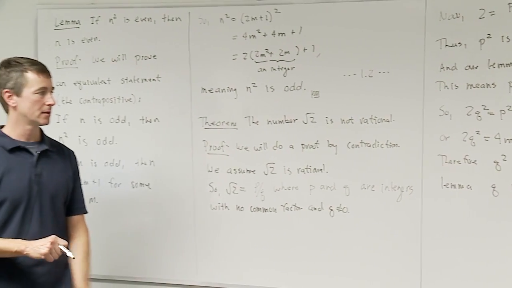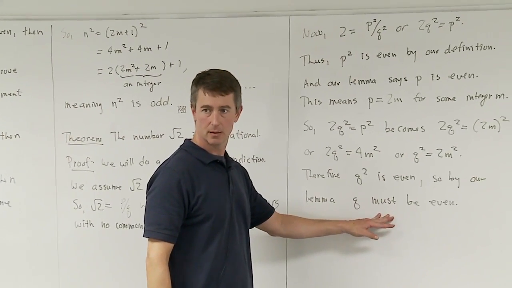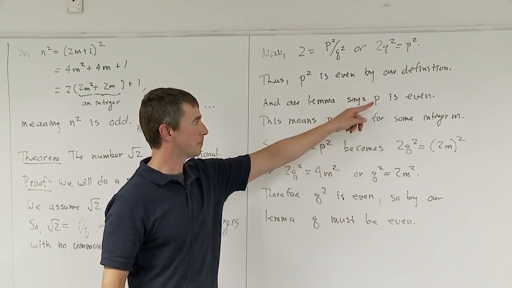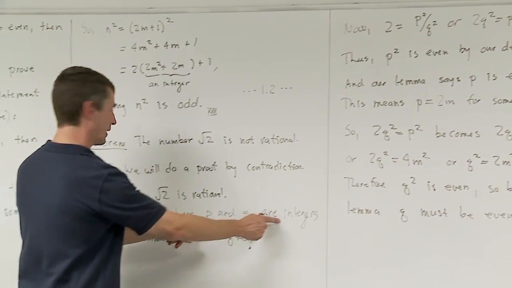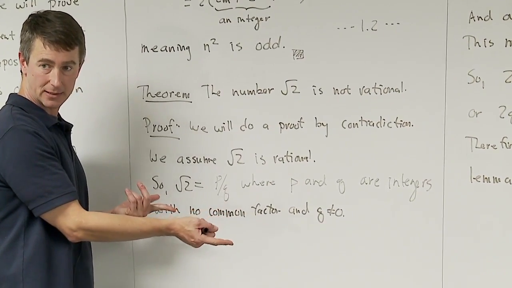But now we have actually got our contradiction, whether you realize it or not. We have found q is even, but we had previously found that what was even? p is even. But what was our assumption? p and q were integers with no common factor.